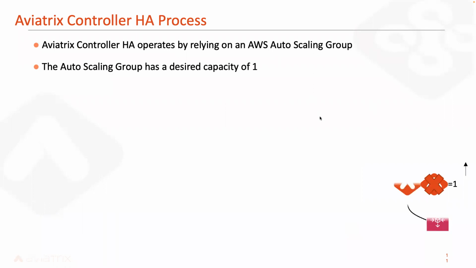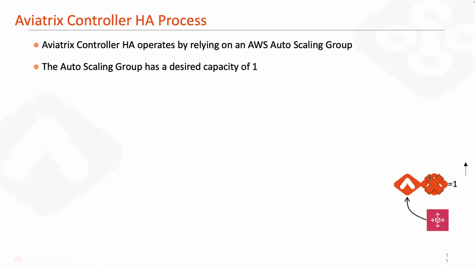Think about it like a controller, or basically a software component whose goal is to ensure that there is always one controller virtual machine that is running. So this is what you define in the autoscaling group. You say, I want to always have a single controller.